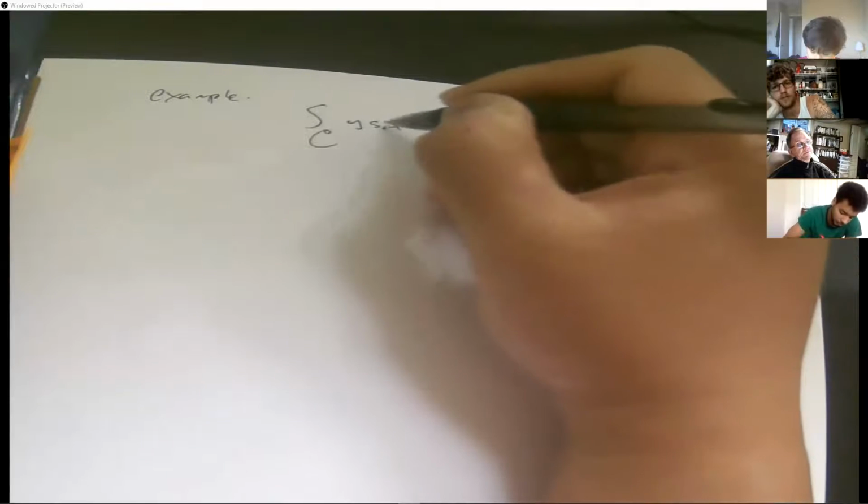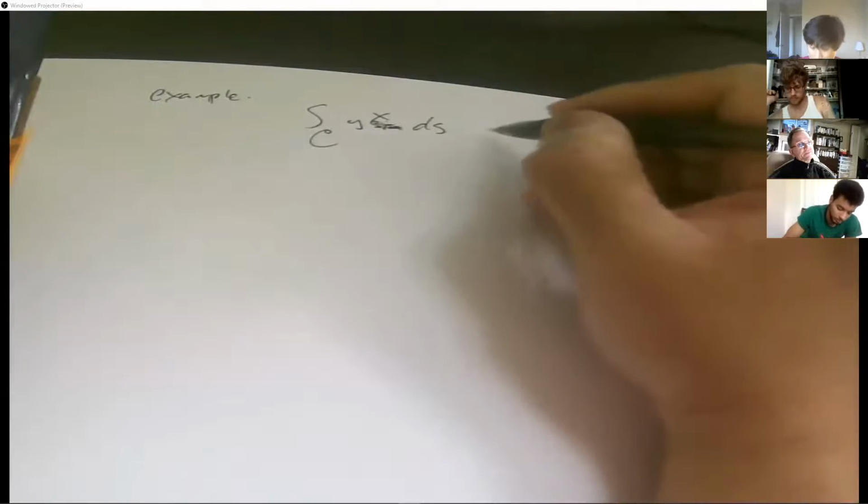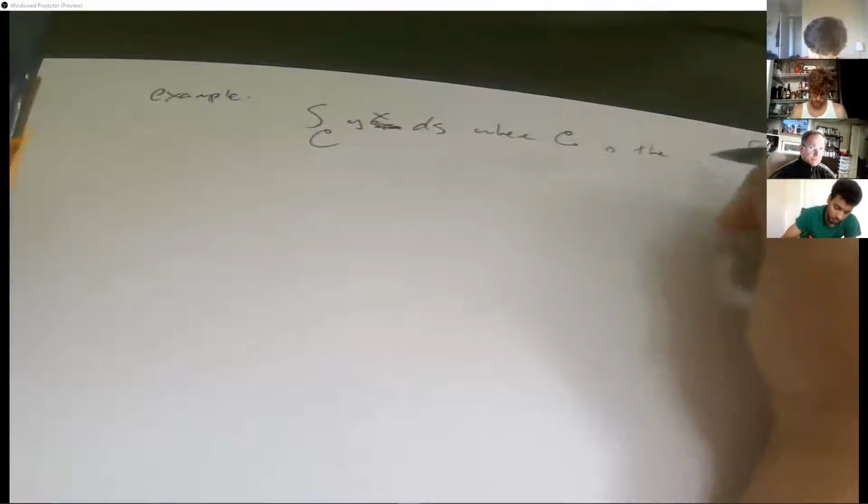Okay, so why did we go about this? Let's do a quick example before we get too far ahead of ourselves. I'm going to look at something nice and easy: the integral over C of yx ds, where C is the curve given here.